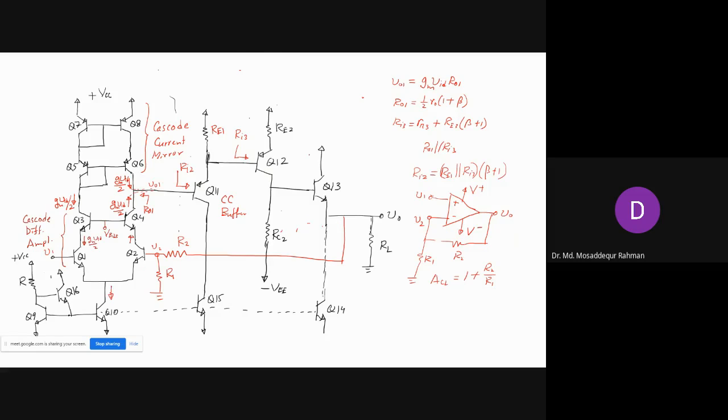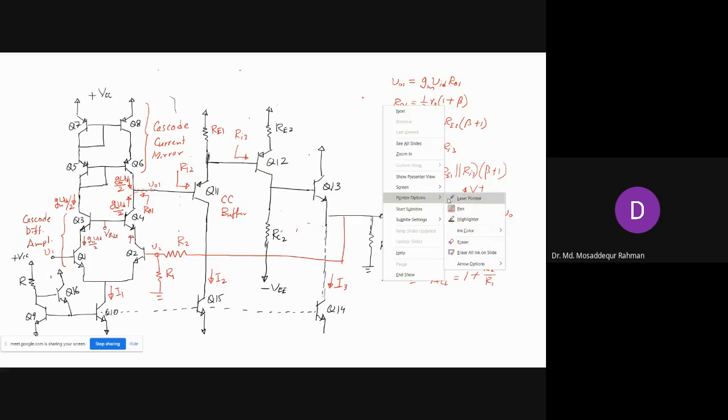So let's say this is our I1 here, this is I2, this is I3. One way to achieve this is to use different sizes of the transistors.